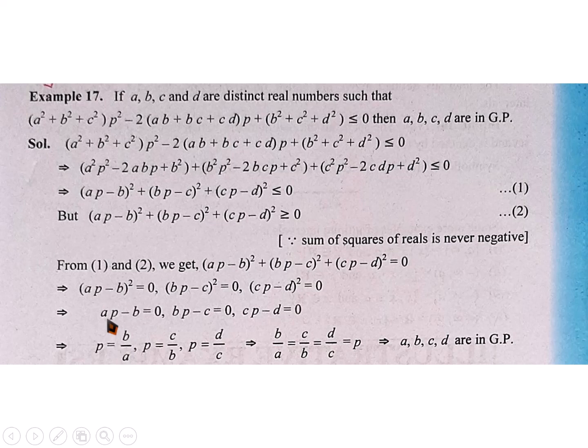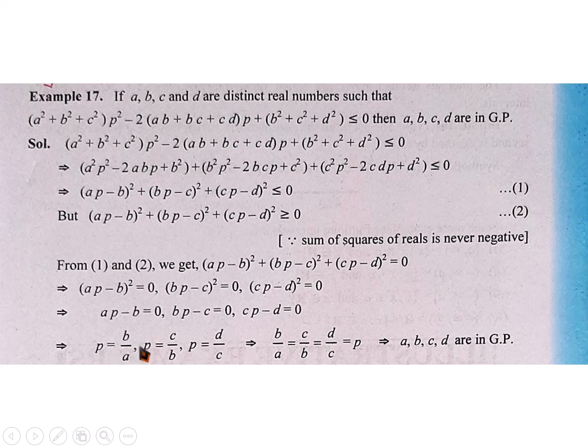So from here ap minus b equals 0, bp minus c equals 0, cp minus d equals 0, and from the first result, what is p? This is b on the right side, then divide by a, p is equal to b upon a. From here, p equal to c upon b. From here, p is equal to d upon c.